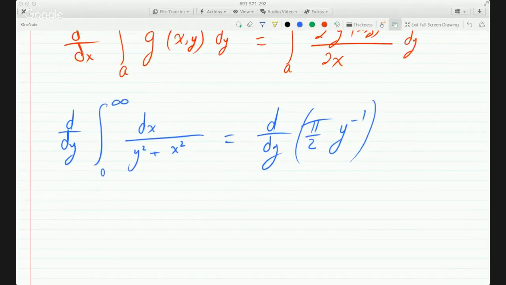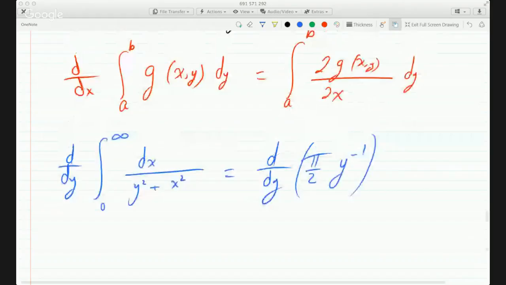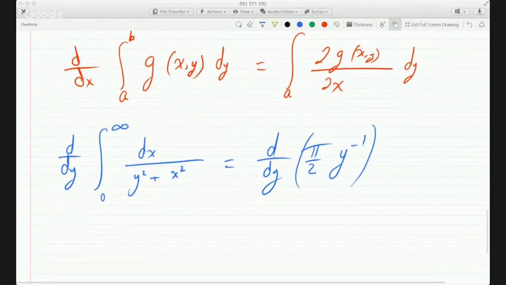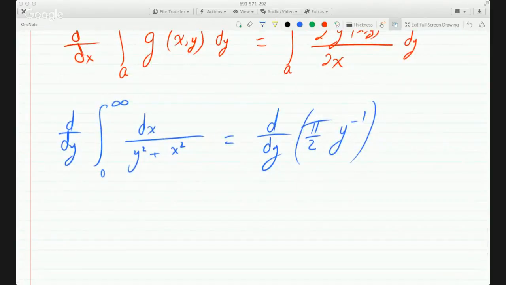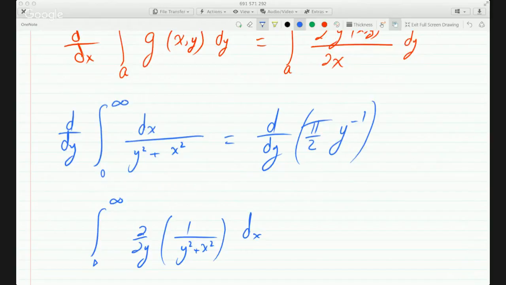Okay. And so now with this theorem here, I could take the derivative inside the integral. So this becomes 0 to infinity d over dy of 1 over y squared plus x squared dx.